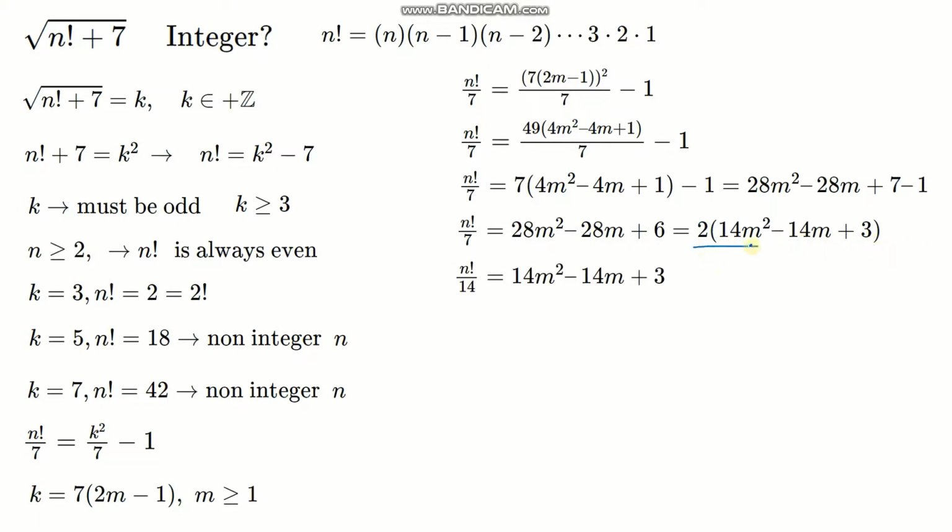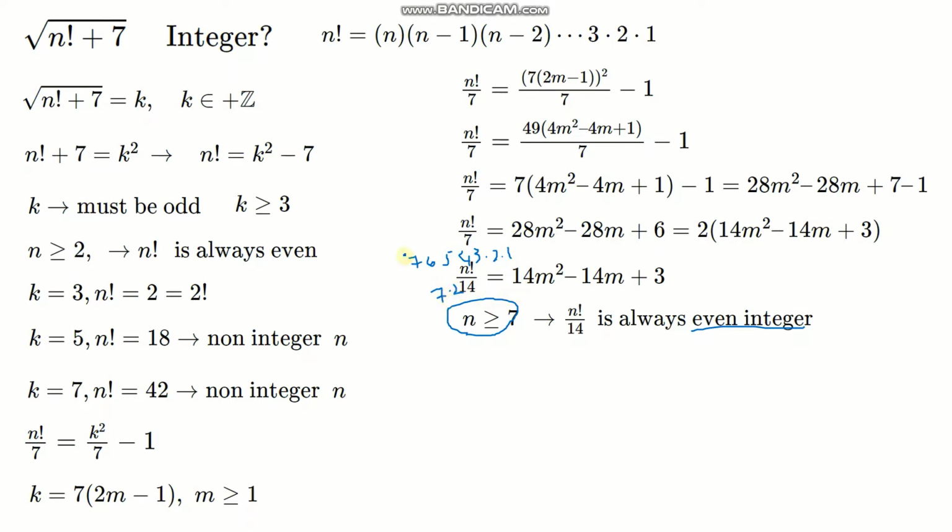Dividing both sides by 2, the left hand side becomes n factorial over 14, and the right hand side 14m squared minus 14m plus 3. We notice that when n is greater than or equal to 7, n factorial over 14 is always an even integer, because 7 factorial contains 7 times 6 times 5 times 4 times 3 times 2 times 1, and 14 is 7 times 2.